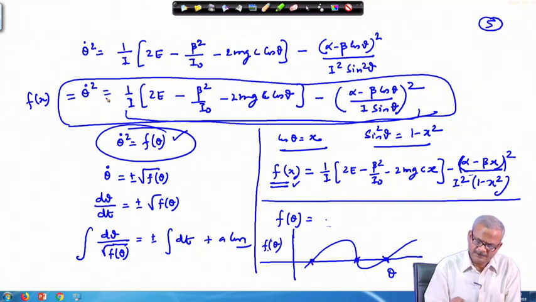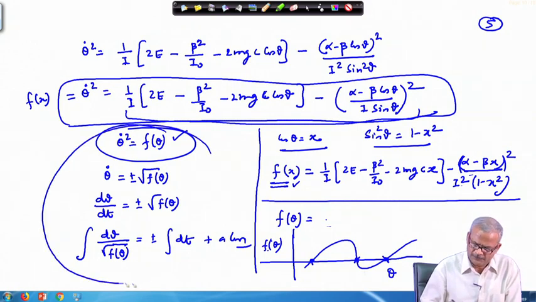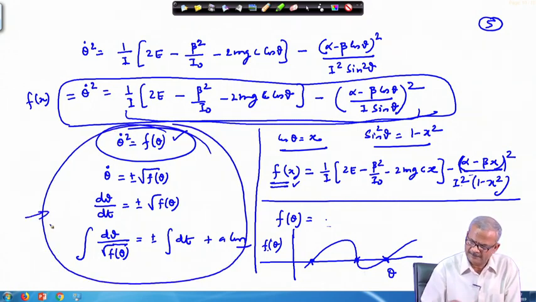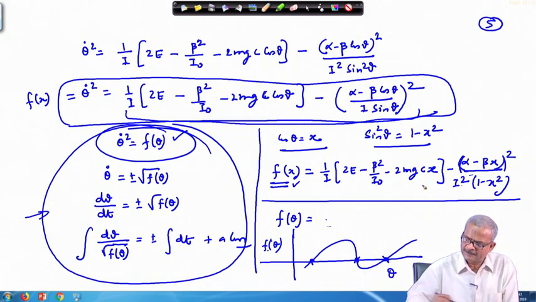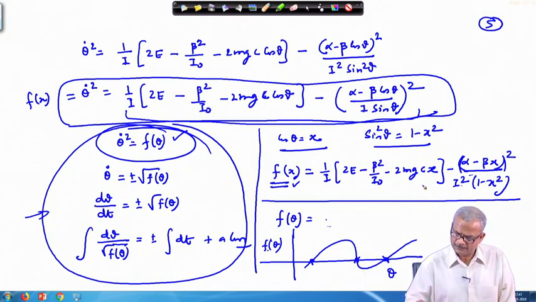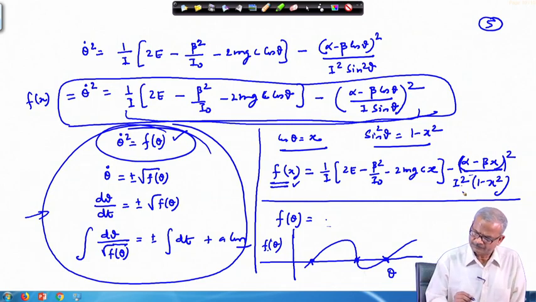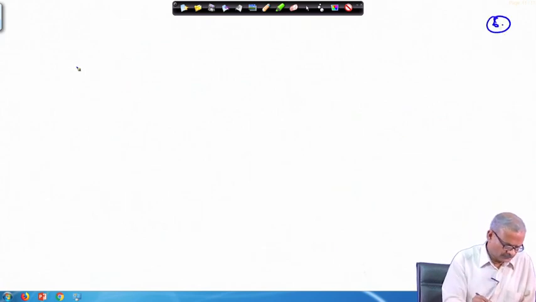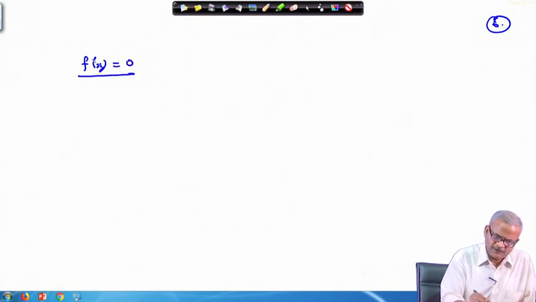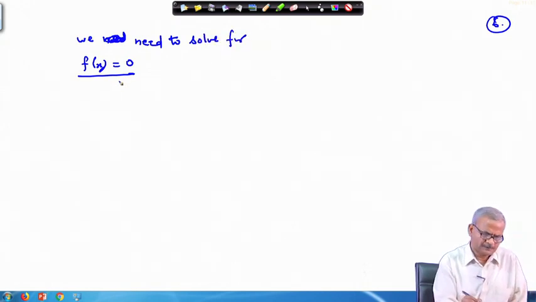So, we do not need to integrate this part to solve it, rather we just take this part and solve it. So, from this place, we need to solve for f x equal to 0.